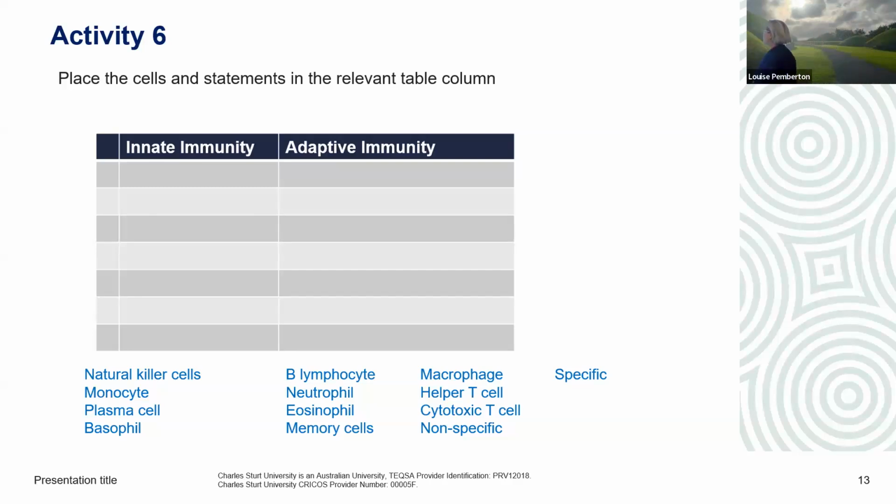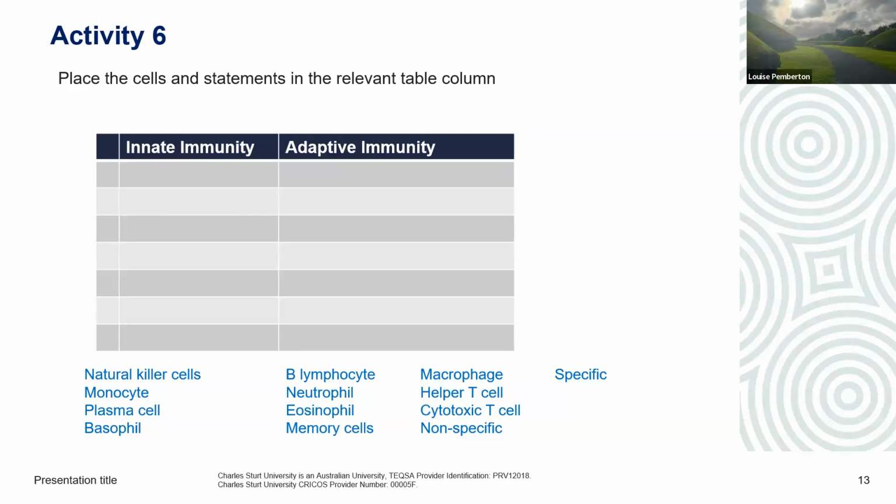All right, where are we putting natural killer cells? Innate, yep. Very important type of lymphocyte, but they have the same reaction to virally infected cells and cancerous cells every time. Where would you put your monocyte? Innate.